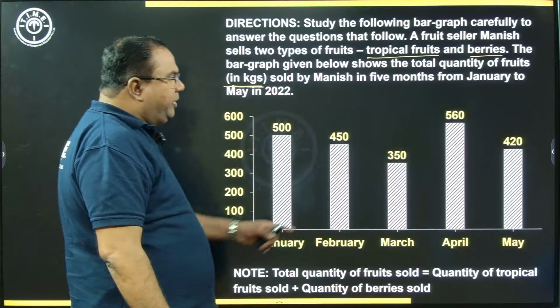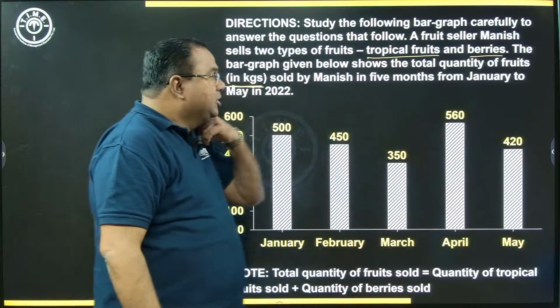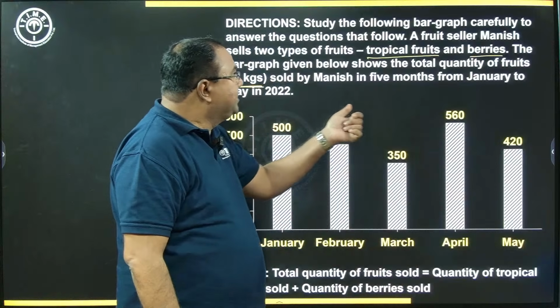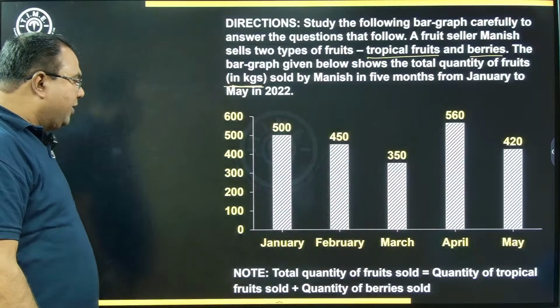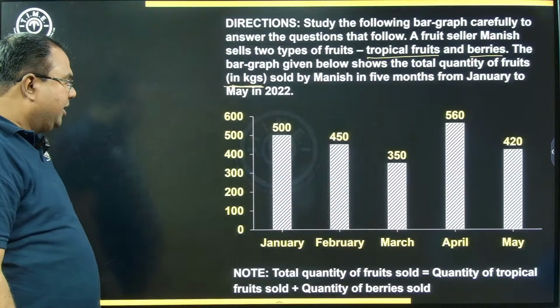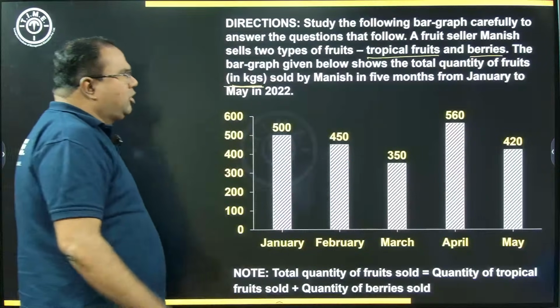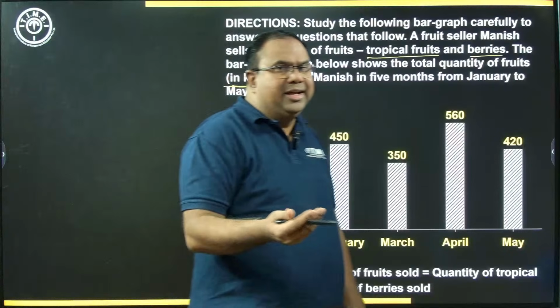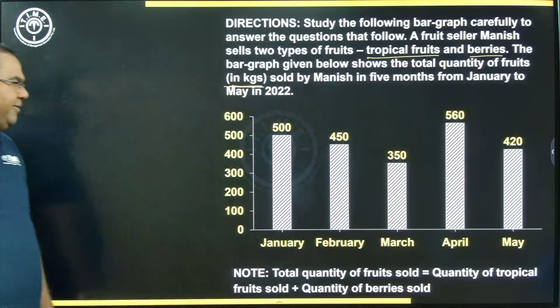So January to May we have 5 months. This contains tropical fruits plus berries put together, right? Total quantity of fruits sold is tropical fruit plus berries. Nothing more to analyze here.